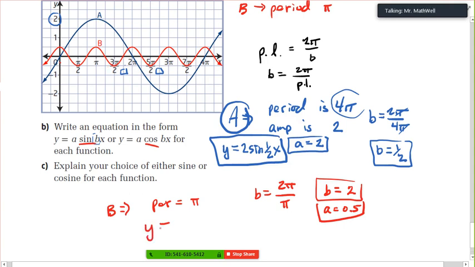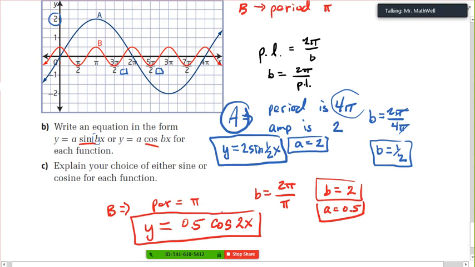So we could go y equals 0.5 times cos of 2x. And that would be the equation for b. And then c, explain why. Well, I just sort of explained that because the blue graph looks an awful lot like y equals sine x with no translation, left or right, no sliding.